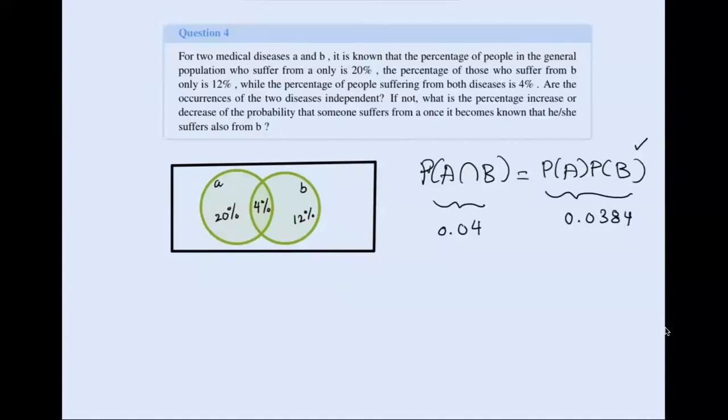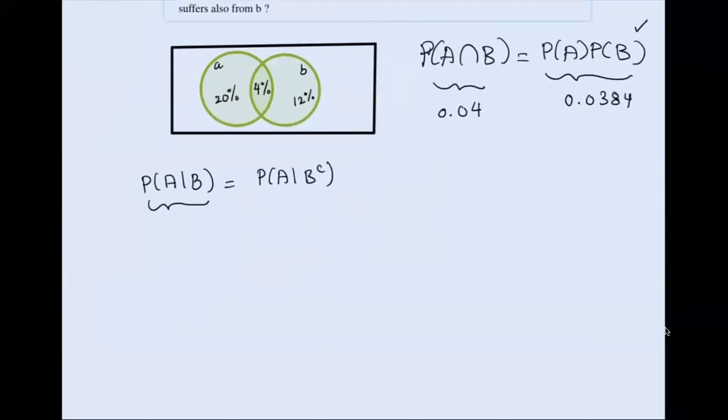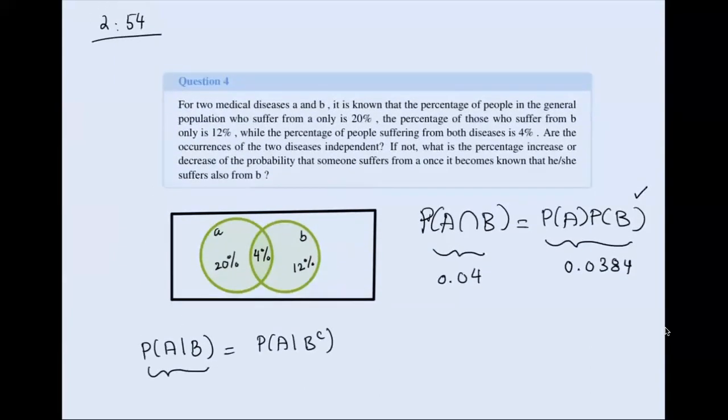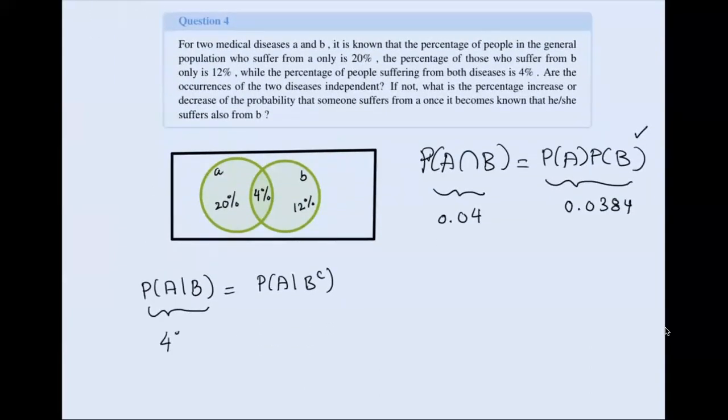But another way you can look at this is that we discussed that if A and B are independent, then the probability of getting A given that getting B is the same as the probability of getting A given that you do not get B, right? And according to the Venn diagram, if the patient got disease B, then the chance that they got disease A is 4% over 16%.